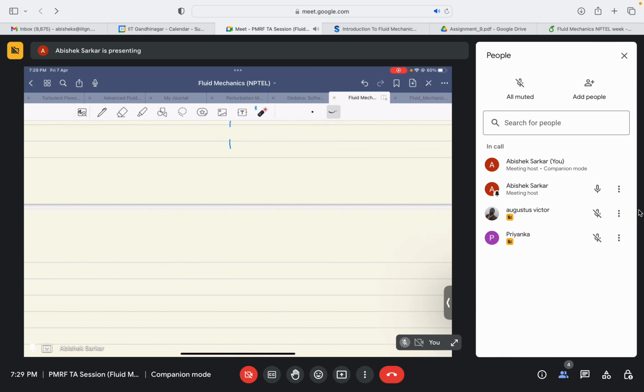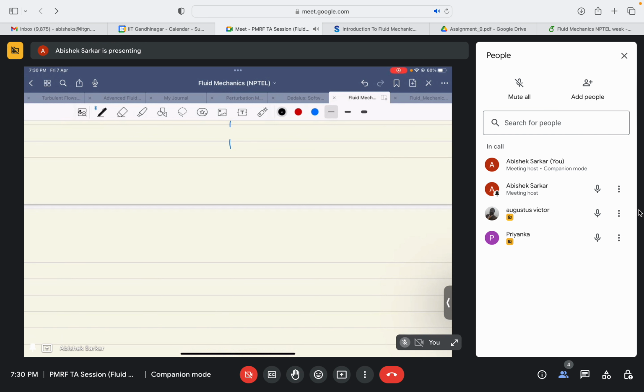So could anyone of you please tell me the formula for the continuity equation? Or what is the continuity equation? Could you please tell me at least the mathematical form? Yeah, please go ahead. Continuity equation is for mass conservation. Okay, no, that I know, but could you tell me the mathematical form? What is it?